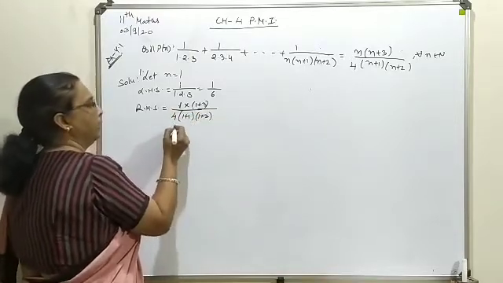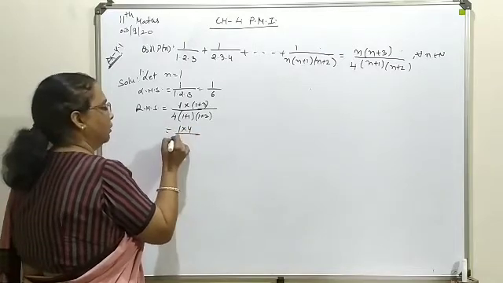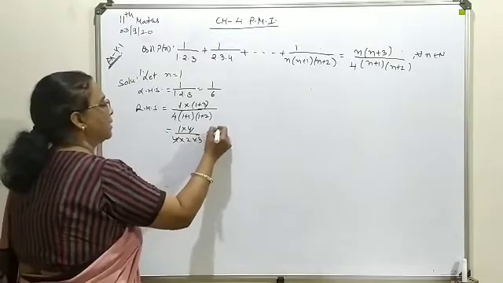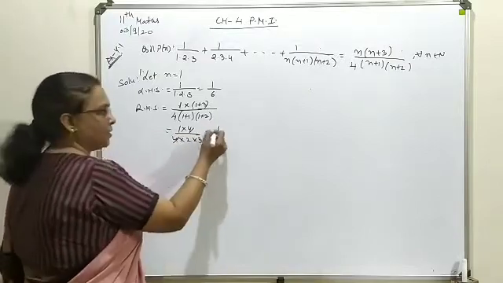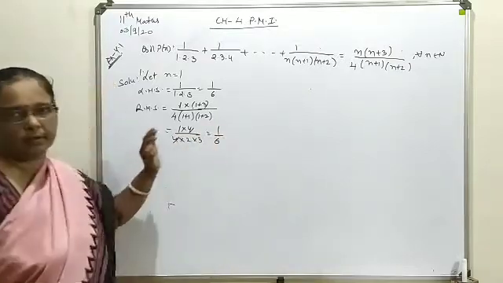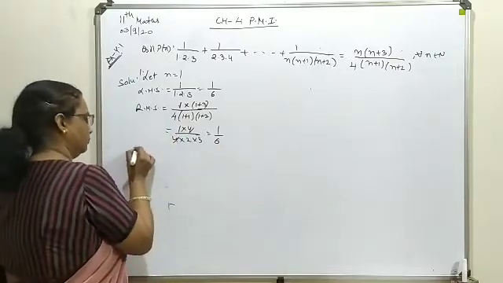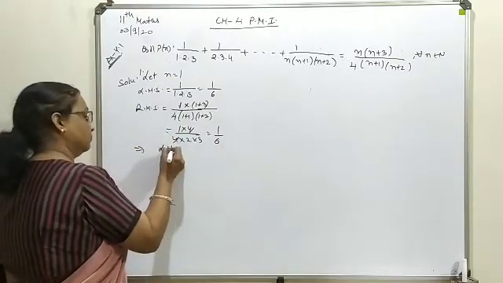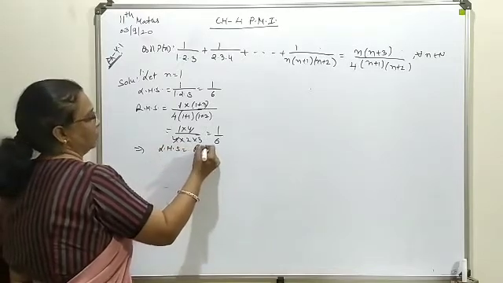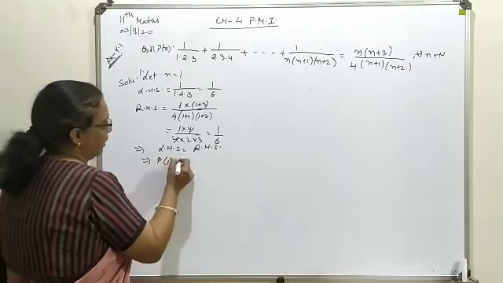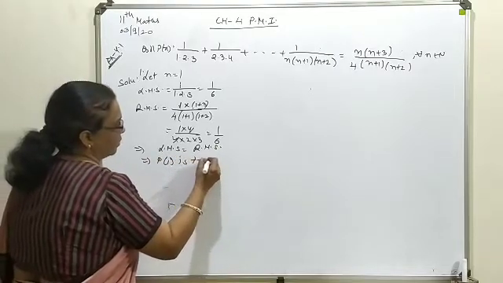What you are generating here? 1 into 4 upon 4 into 2 into 3. This 4 will cut. Again this is giving you 6. So here you can say these two match, means P1 is a true statement.